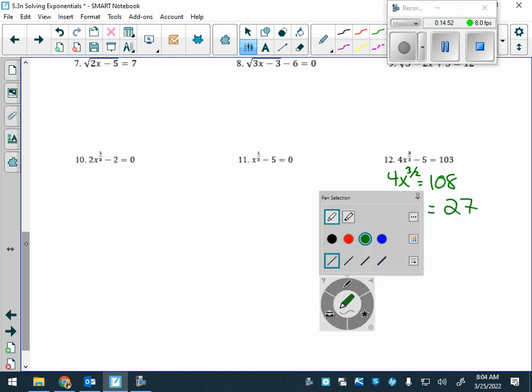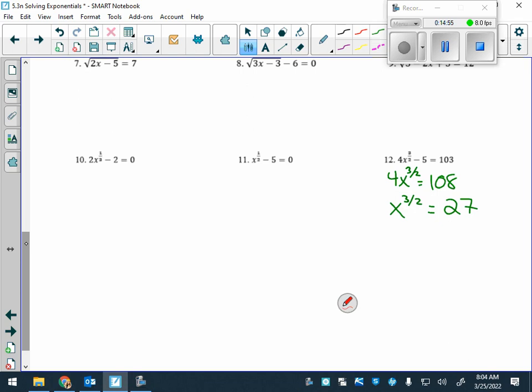Okay. Then what do we raise both sides to? 2 over 3, good. Excellent. How would I rewrite 27 to the 2/3 as a radical? Good. Okay. What is the cube root of 27? 3. Good. And then 3 squared?